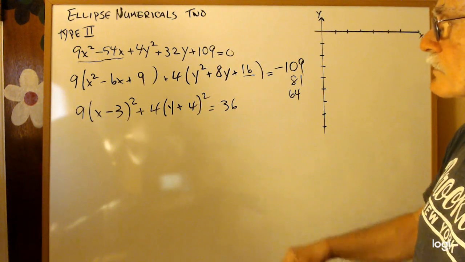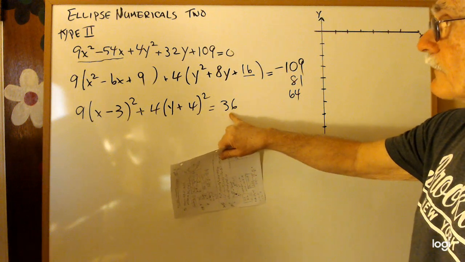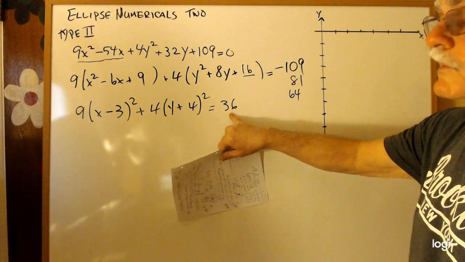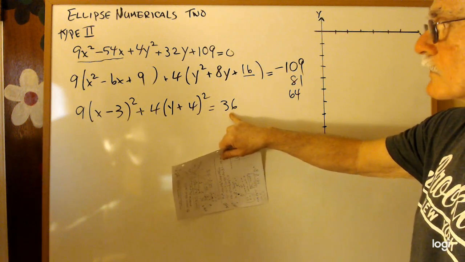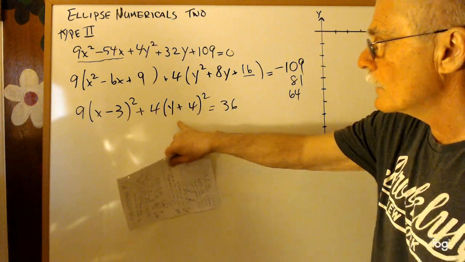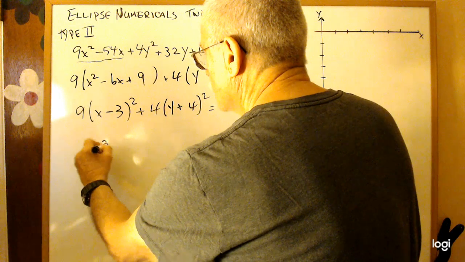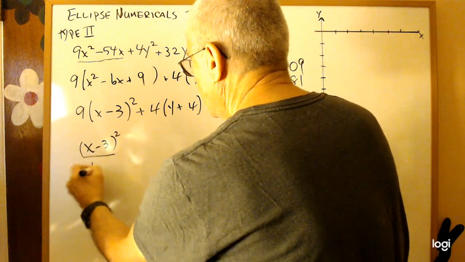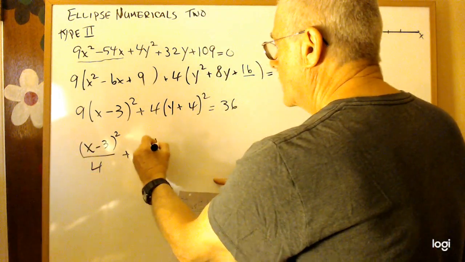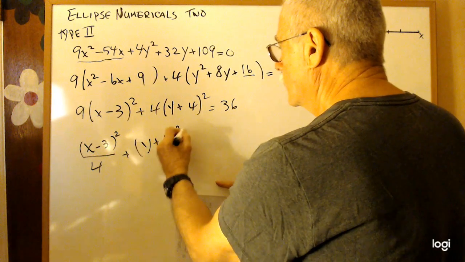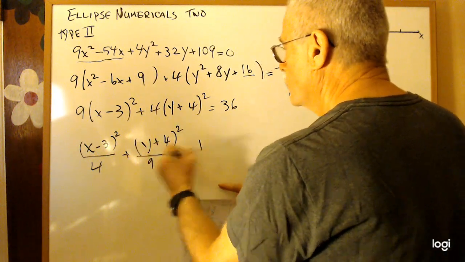And we're supposed to know that in standard form, you want to have a 1 here. So that means divide everything by 36. This will become a 1. Here I'll get a 9 on the denominator. Here I'll get a 4. So I get (x minus 3) squared over 4 plus (y plus 4) squared over 9 equals 1.